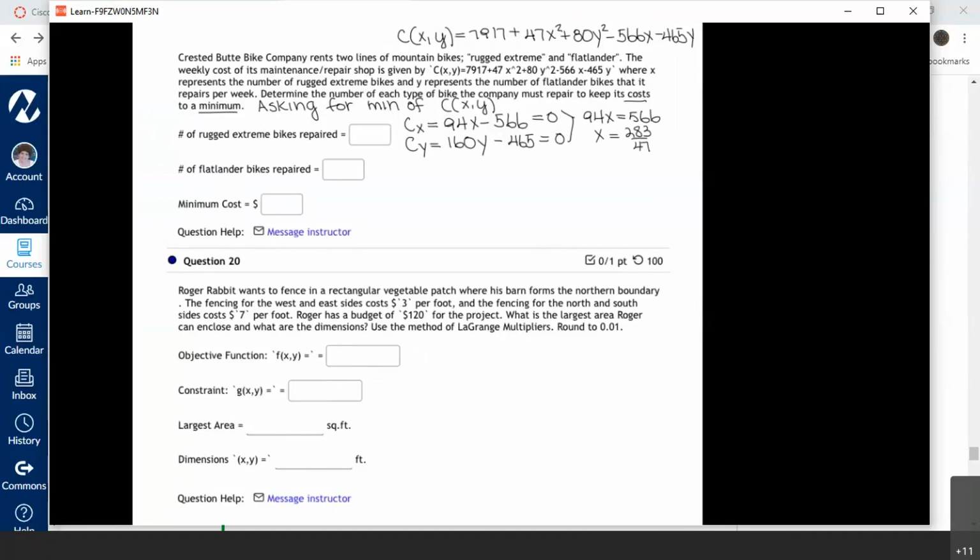And the second equation gives me 160y equals 465. When I solve that out, I get y is 93 over 32. So my critical point is 283 over 47, comma, 93 over 32.